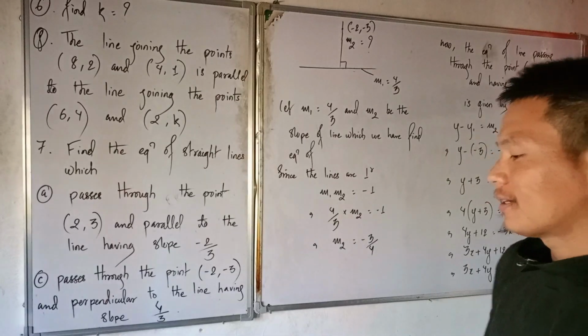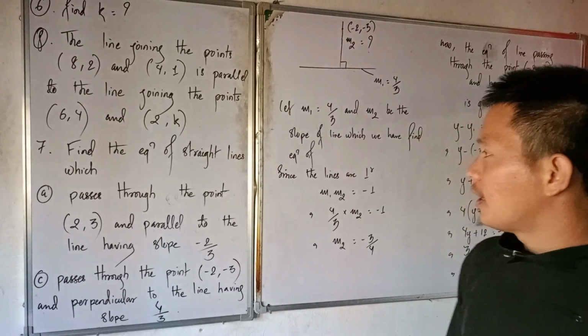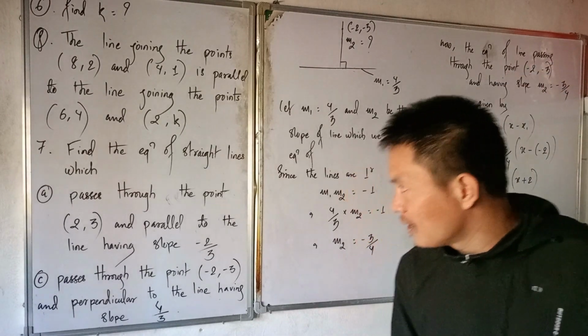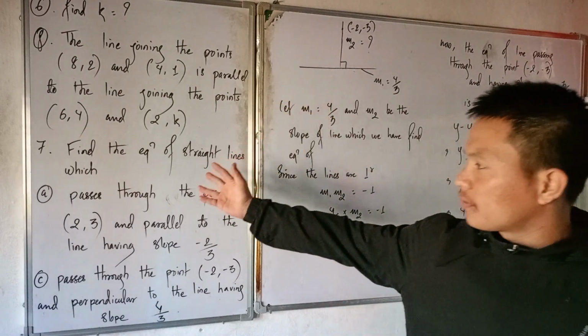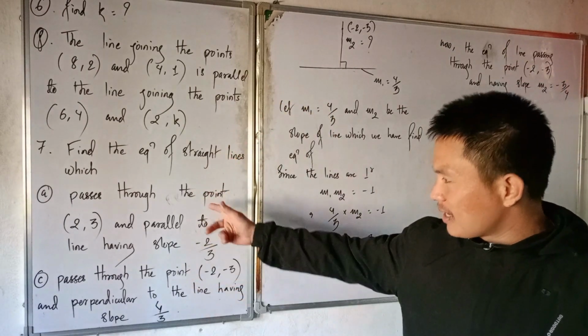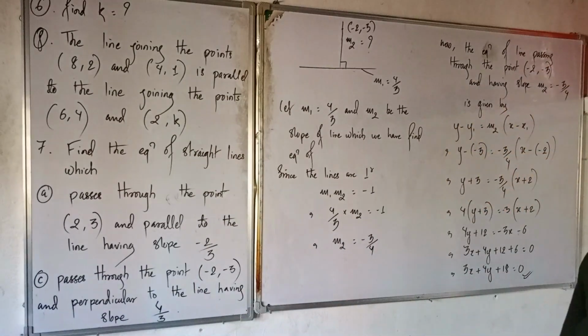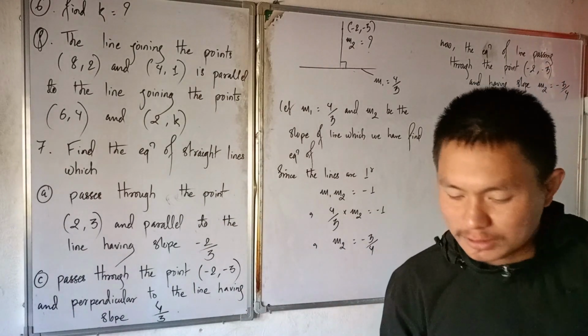This is exercise 8.1. We are continuing these short questions. We have finished up to 7a and c. The remaining you have to do by yourself. Let's move on to number 8 without any further delay.